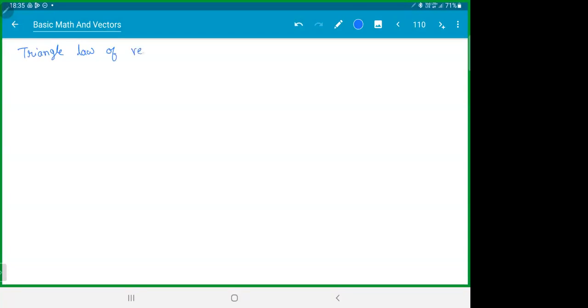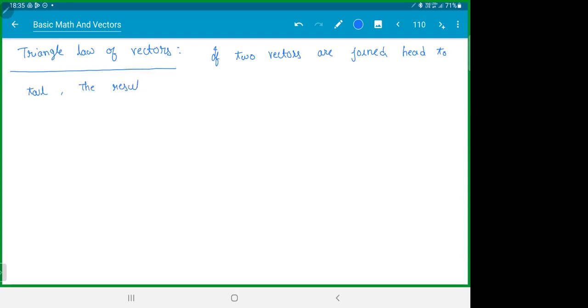What this says is, if two vectors are joined head to tail, the resultant is from the remaining tail to the head.